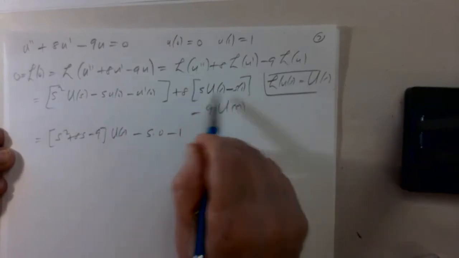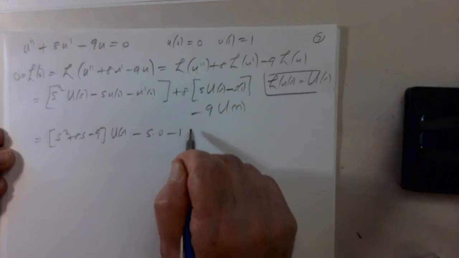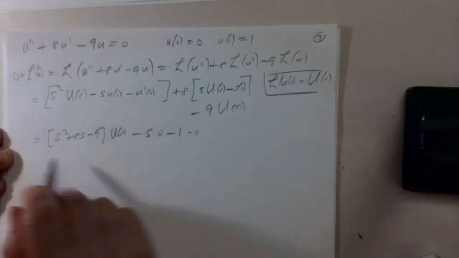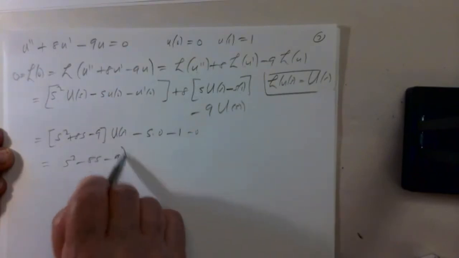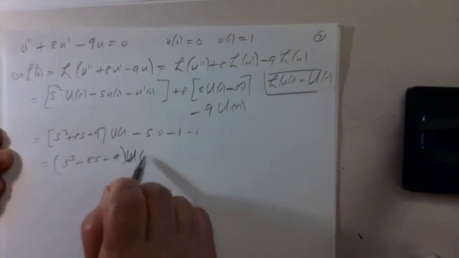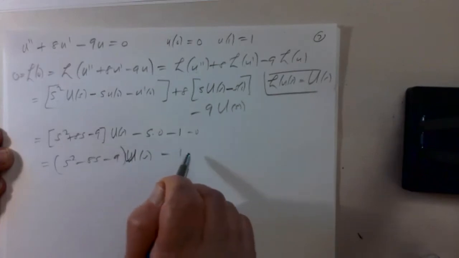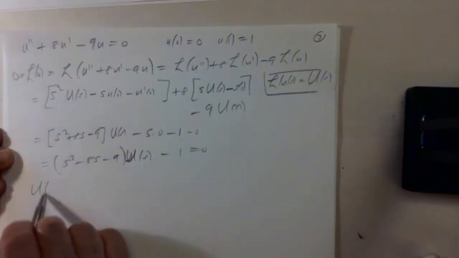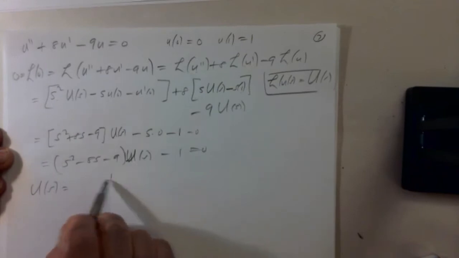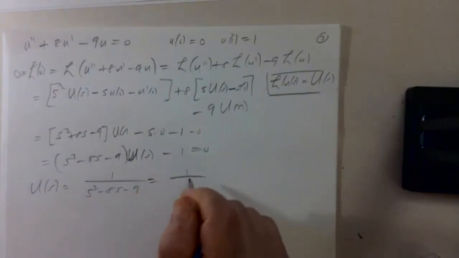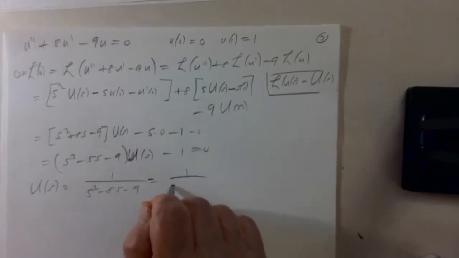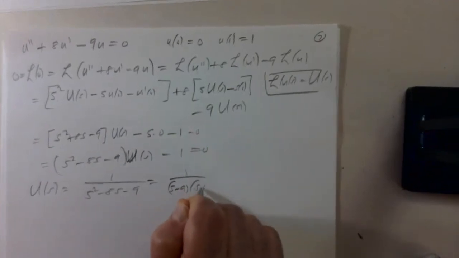Here I have minus 8 times u of 0, which is 0. So this is equal to s squared plus 8s minus 9 times u of s minus 1. So u of s is 1 over s squared plus 8s minus 9, which is 1 over, this factors into s minus 1 times s plus 9.